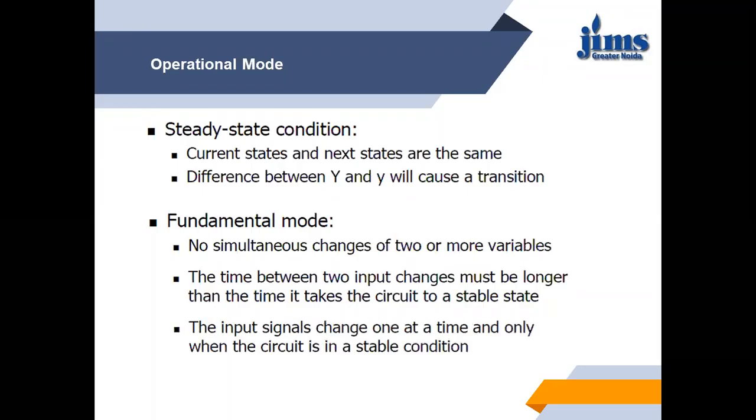The input signals change one at a time and only when the circuit is in a stable state condition. This is the fundamental mode of operation of an asynchronous sequential circuit, which should be kept in mind when we are operating with asynchronous sequential circuits.